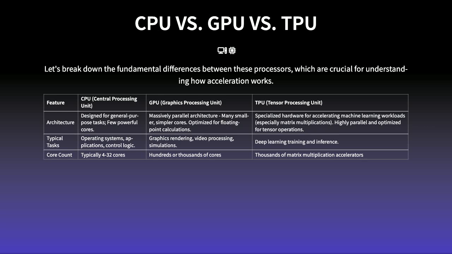It's got hundreds or even thousands of smaller cores, all working together to do massive amounts of calculations very quickly. Finally, there's the TPU, specifically designed by Google for accelerating machine learning tasks. Think of it as a super specialized tool that's exceptionally good at handling those complex tensor operations that are at the heart of deep learning.